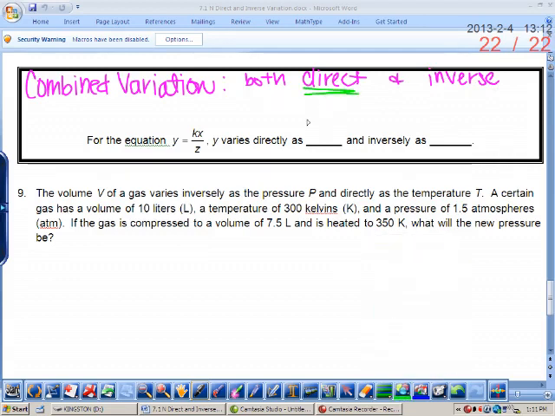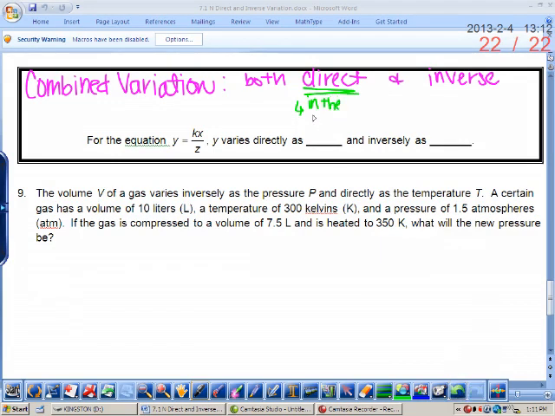Direct variation tells us to put our variable in the numerator next to k. So direct signifies to us that our variable goes in the numerator. What does inverse signify to us?